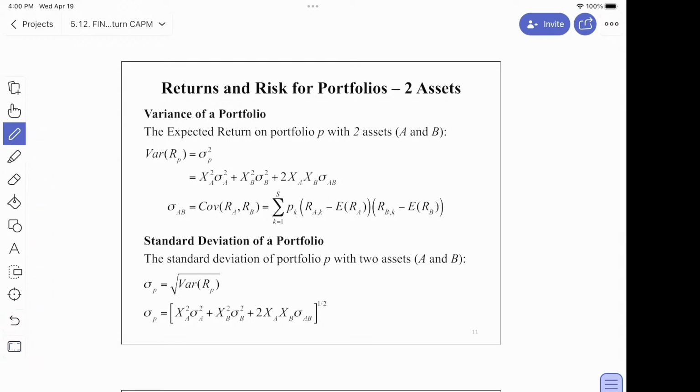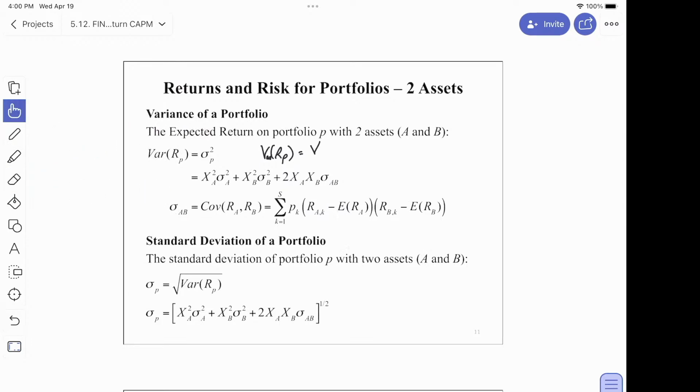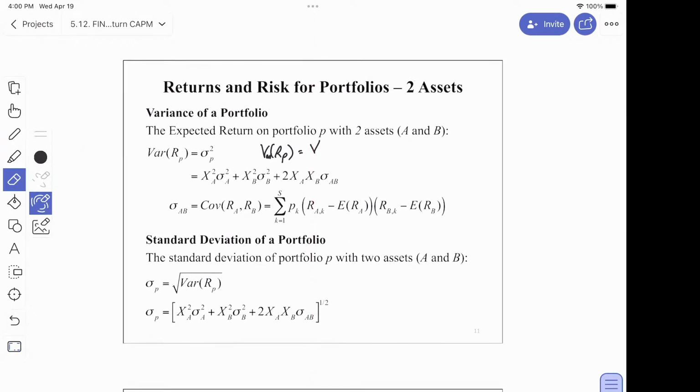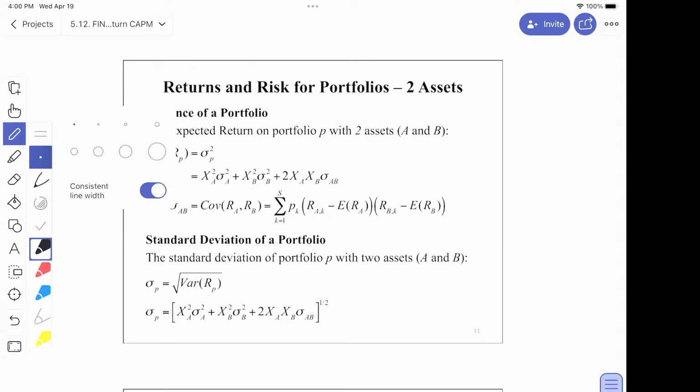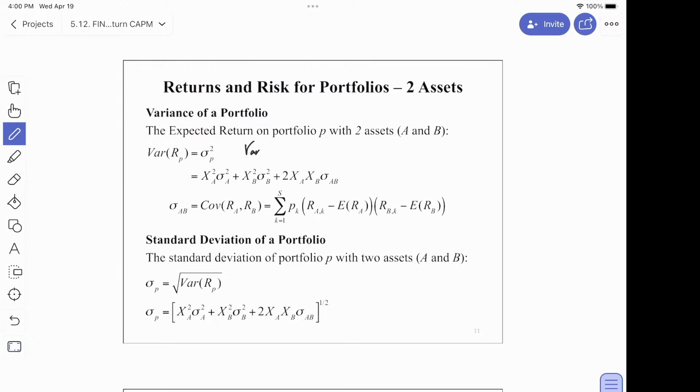So what we've done is we're calculating, I'll do that again. That's what we're doing. We're taking the variance.